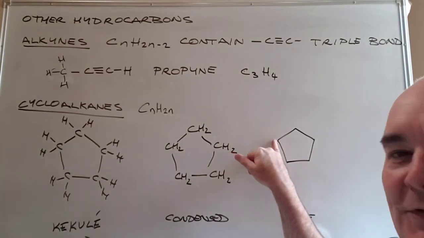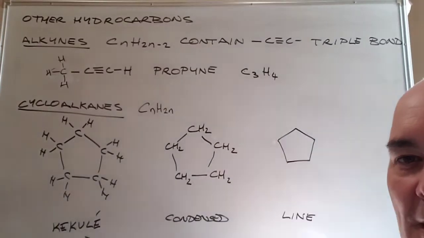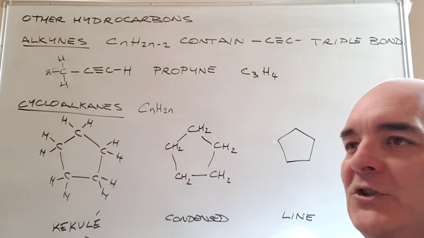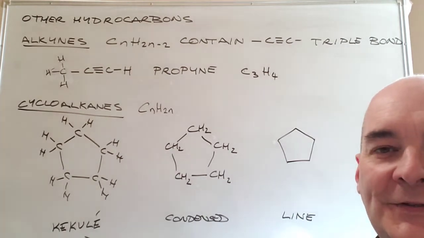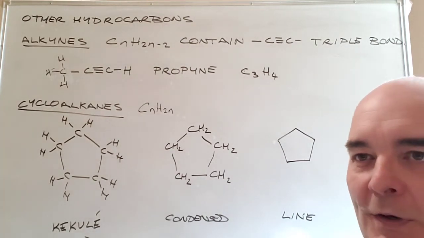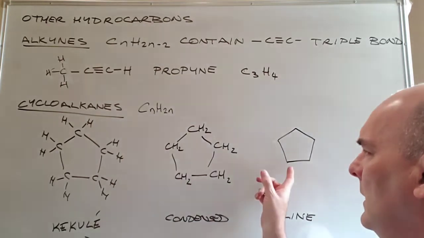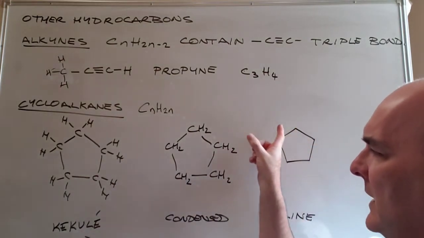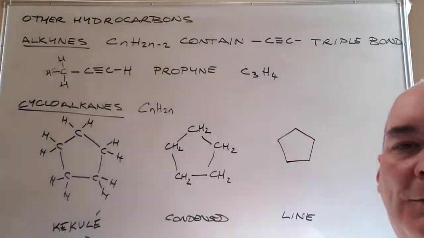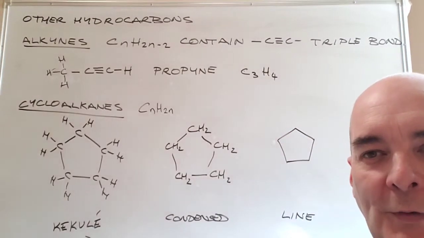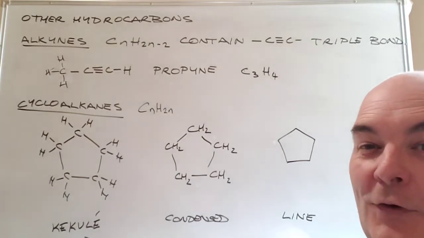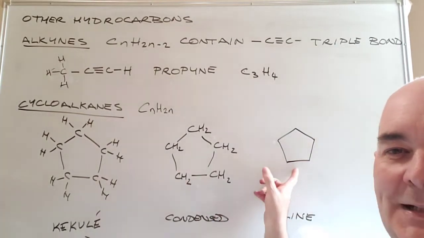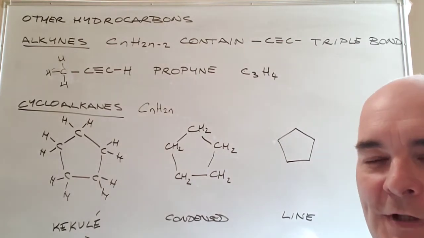At the apex right here, there's a carbon. And we leave hydrogens off because we just assume that if you've got carbons, then there are hydrogens. So we don't even bother labeling them. To start with, this is probably not what we would recommend, but when the molecules start to get larger and you have to write them down lots and lots of times, people just automatically slip into this form of notation.